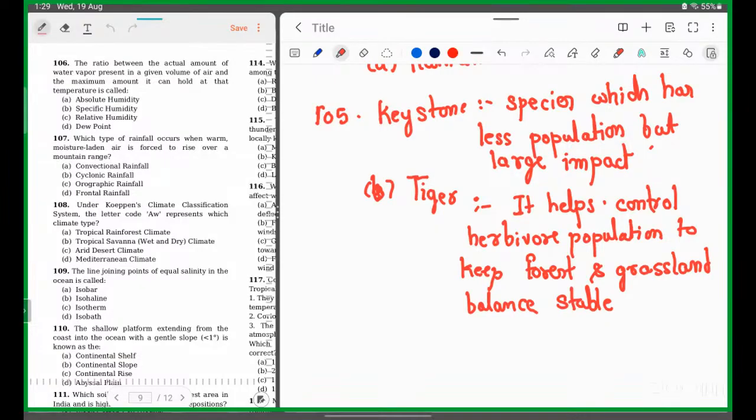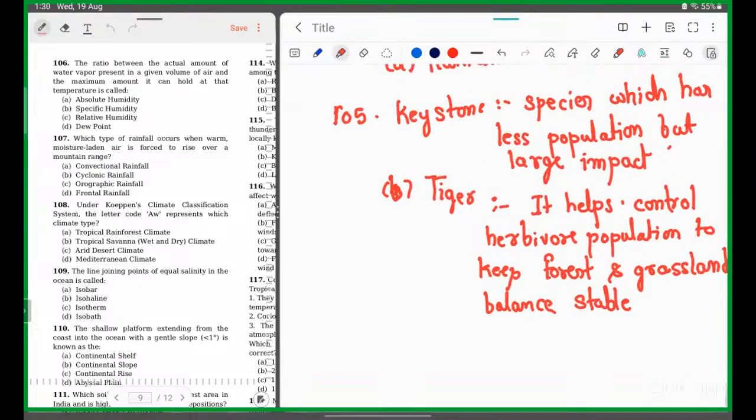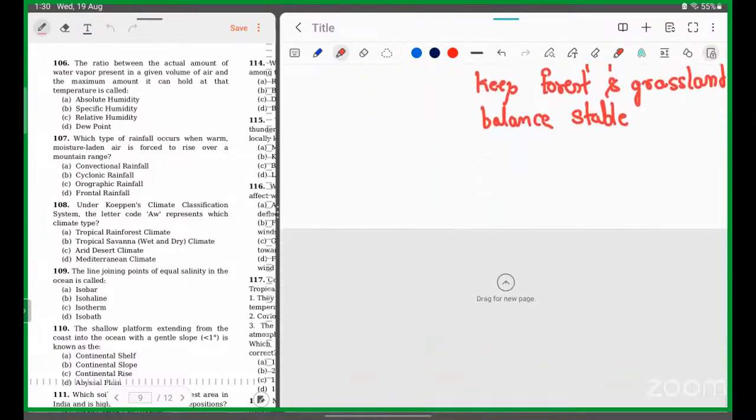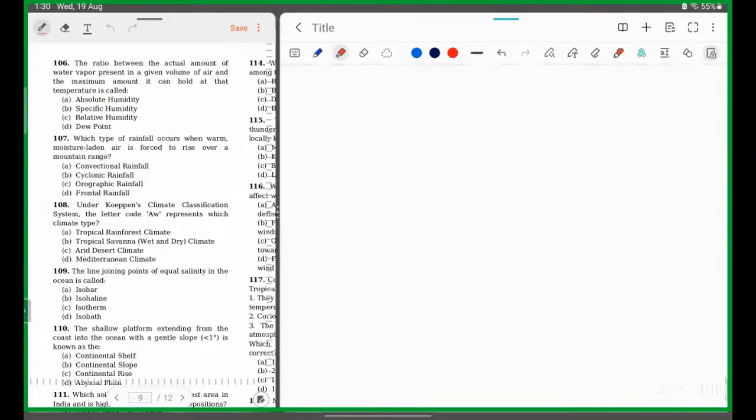And dew point is the temperature at which air becomes fully saturated with water vapor, and after that it starts raining. So the correct answer will be relative humidity, according to the given question, the ratio between the actual amount of water vapor present in a given volume of air and the maximum amount it can hold.